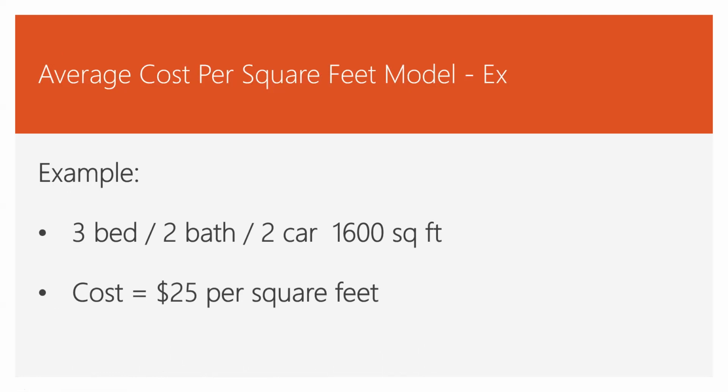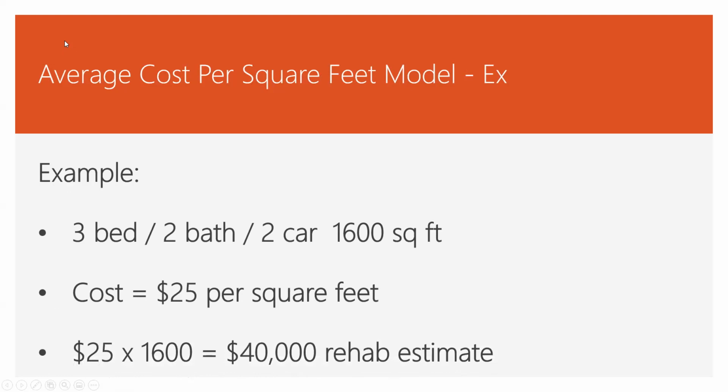Let's assume the cost per square foot to do a full rehab on this property is $25. What is the cost to rehab? We take our $25, multiply it times the 1,600 square feet, and it's going to be at least $40,000 to rehab this property. Any questions on this model?